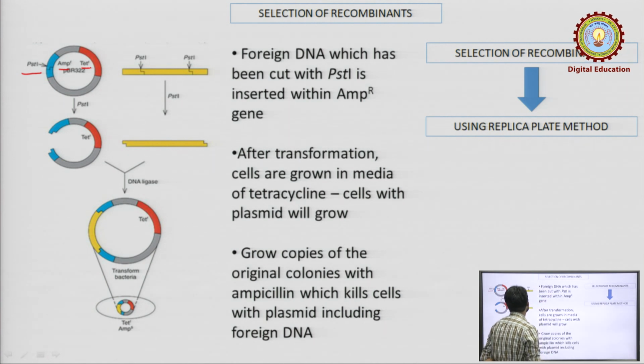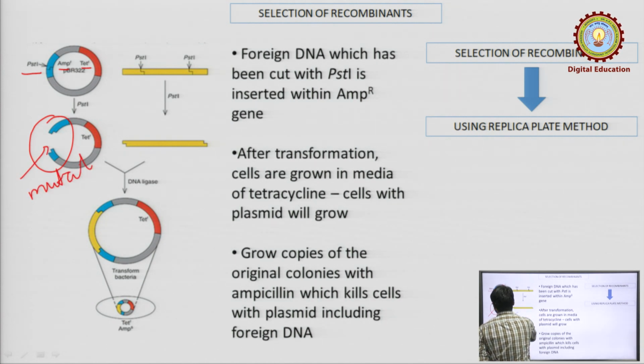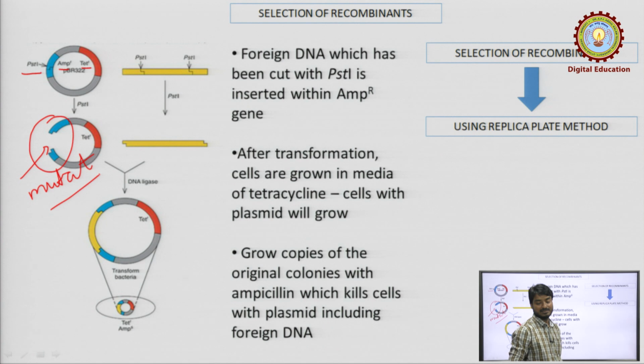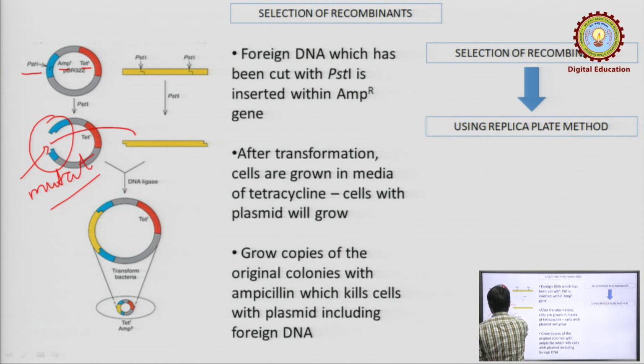It will mutate this gene, so it will not code for the protein which helps the bacteria to grow in the ampicillin medium. We will cut the DNA, insert our DNA at this place with the help of DNA ligase, combine these two molecules, and after this we will transform this into a particular host.